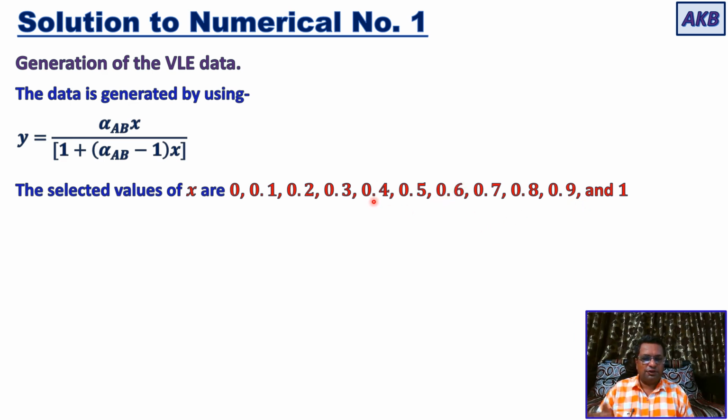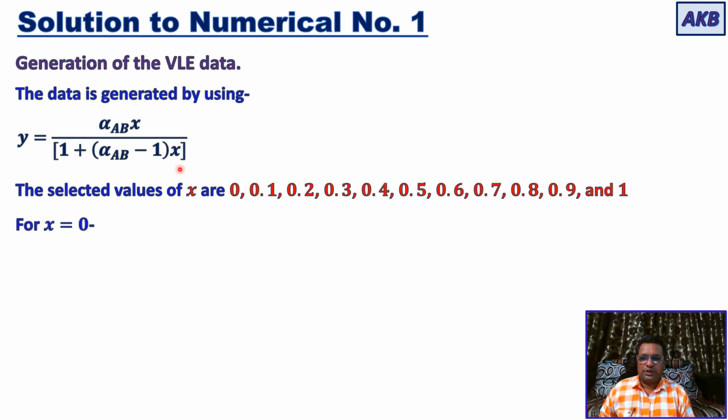You can have different values between 0 and 1. It is up to you. For example, you could have 0.01, 0.02, and so on. But selecting the values that I have shown is the easiest way of doing the task. So these are the values of x lying between 0 and 1 that we have selected.